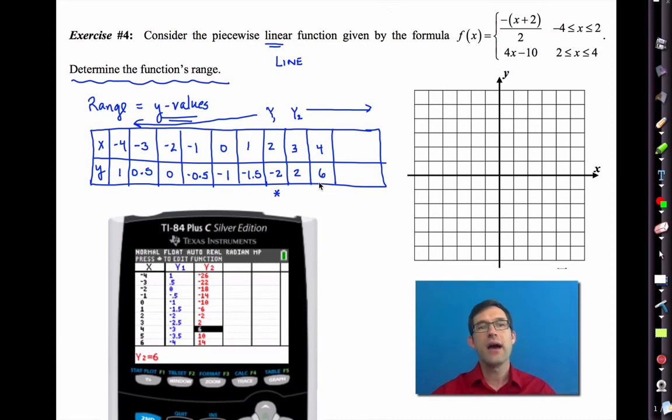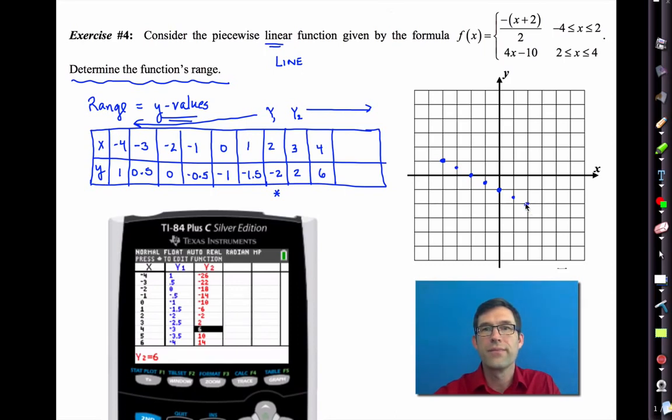So now this allows us to graph this function. I'm going to go down -4 and go up to 1. -3 and 0.5, -2 and 0, -1 and -0.5, 0, -1, 1, -1.5, 2, -2.